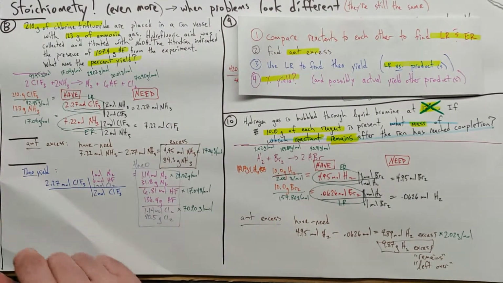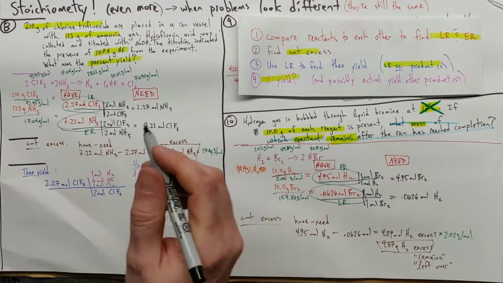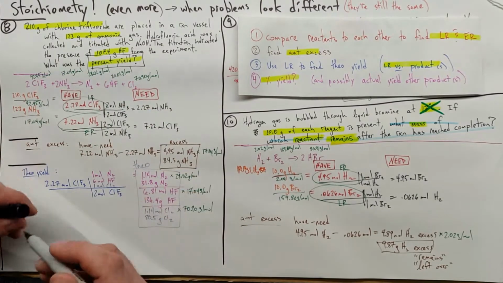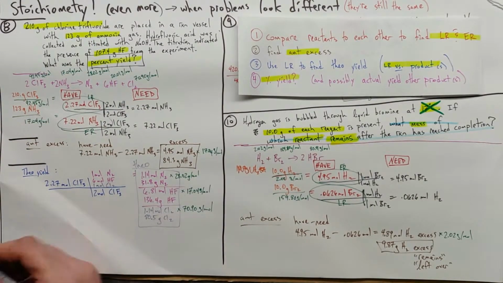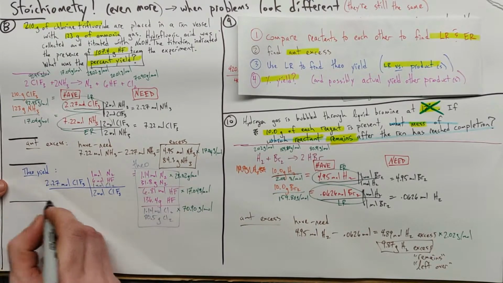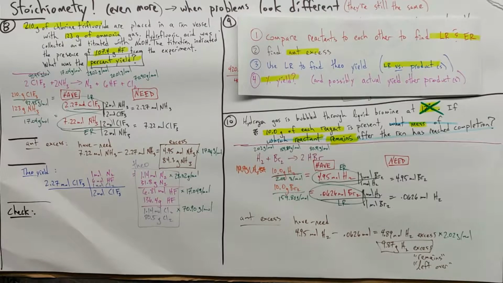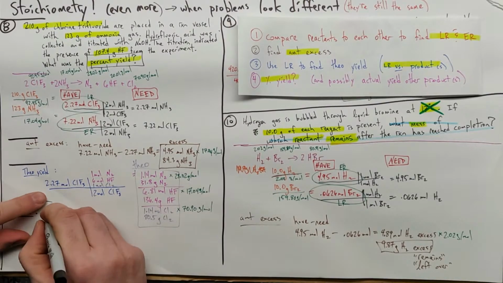So this right here is our theoretical yield. We're not asked for any of that, per se. We're asked for a percent yield, right? That's our main goal in the end. So we can check things like, we're not asked for it, right? But let's check and make sure. Our initial mass should be our final mass.